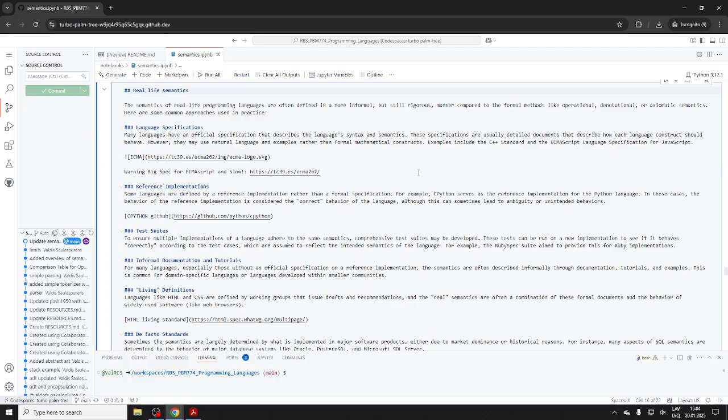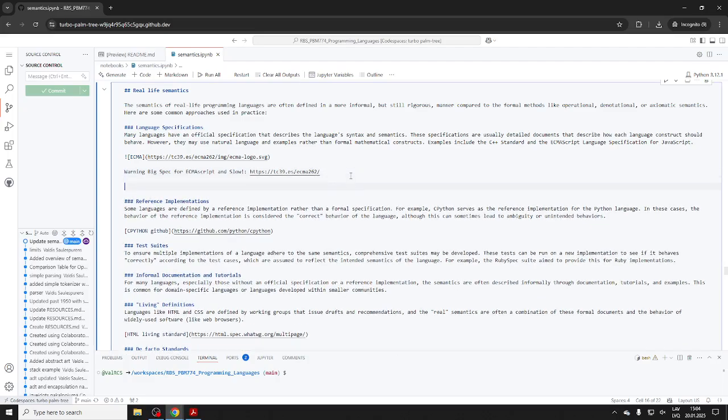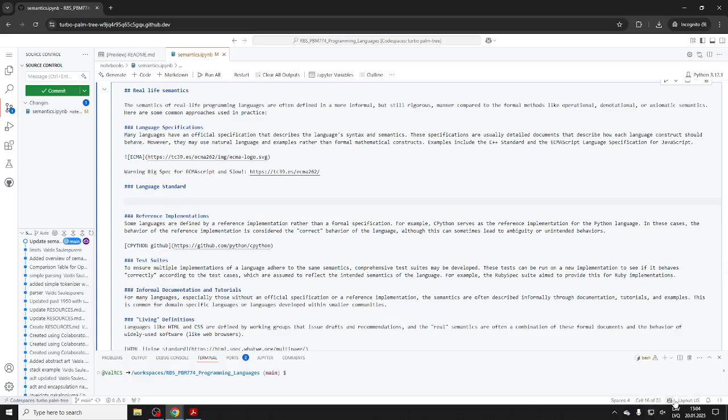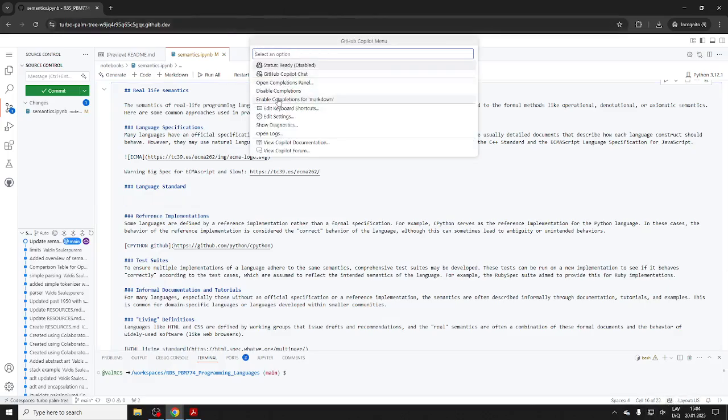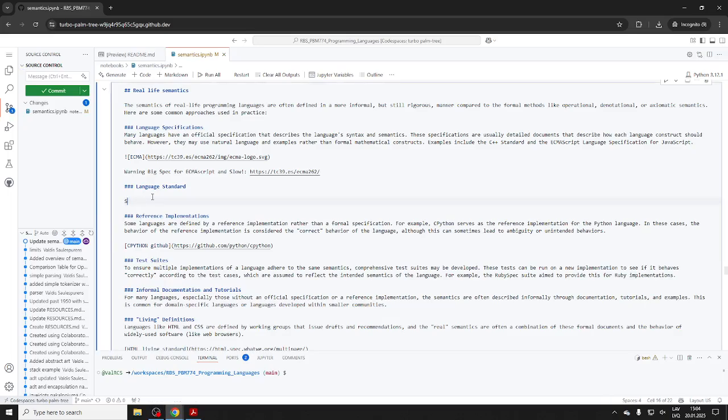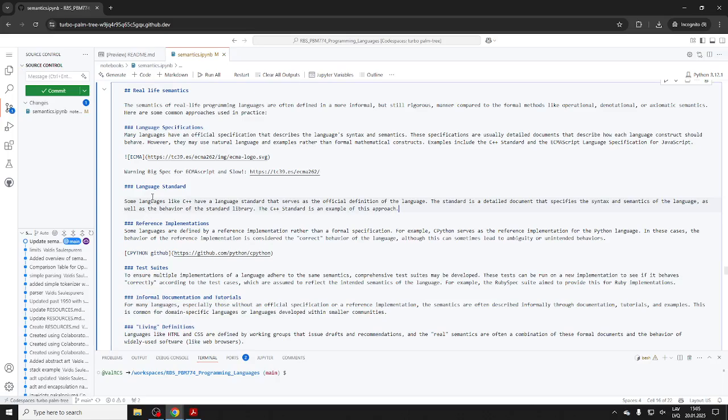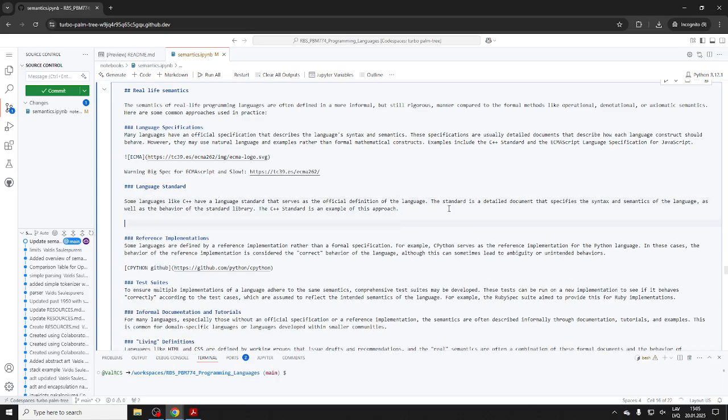Let me also add the C++ one, the reference implementation language standard. Let me see if I can find it. So C++ has a language standard.